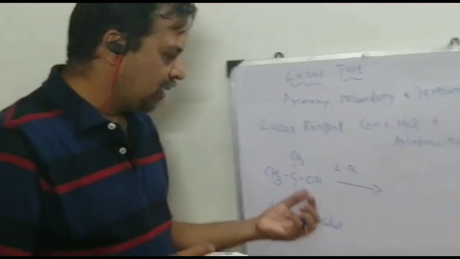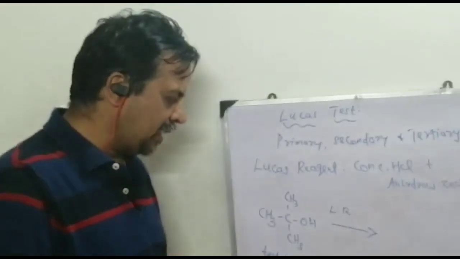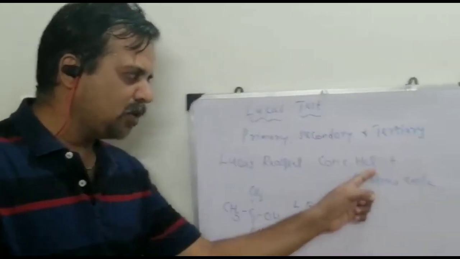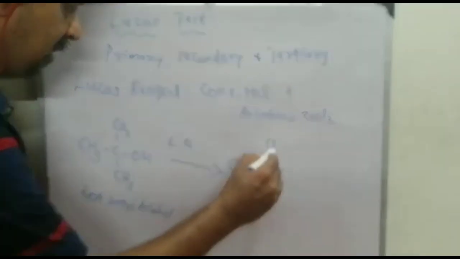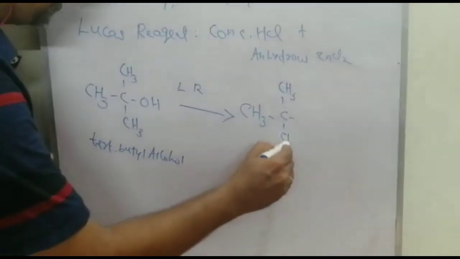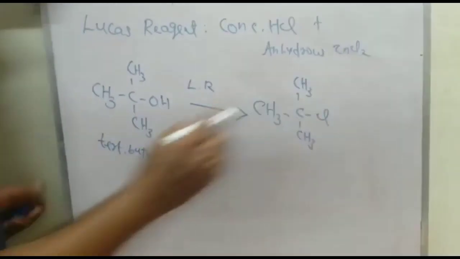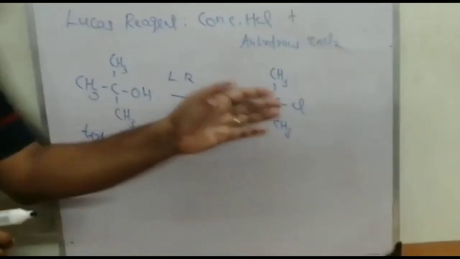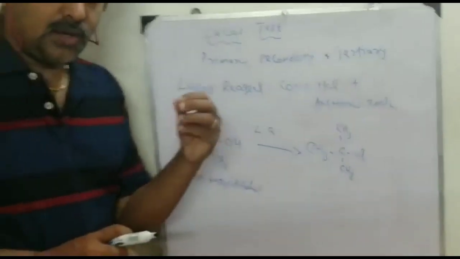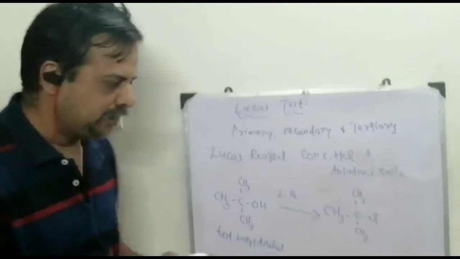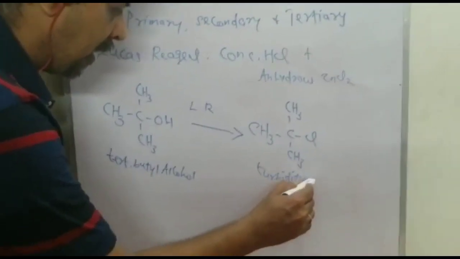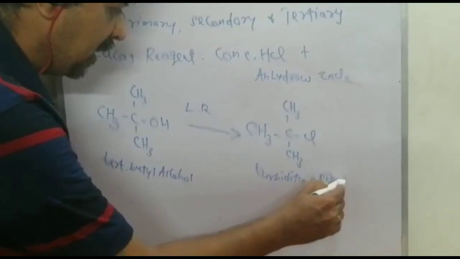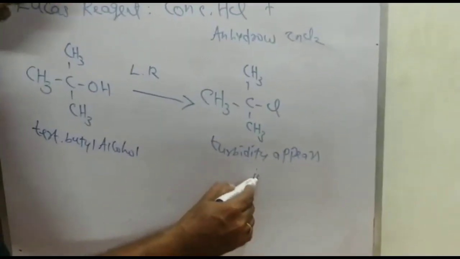What happened means, the OH group is replaced by chlorine. So the product formed is CH3, C, CH3, CH3, Cl. So how can we identify chlorine is formed in the reaction? You will be getting a turbidity. So turbidity appears immediately in case of tertiary alcohol.